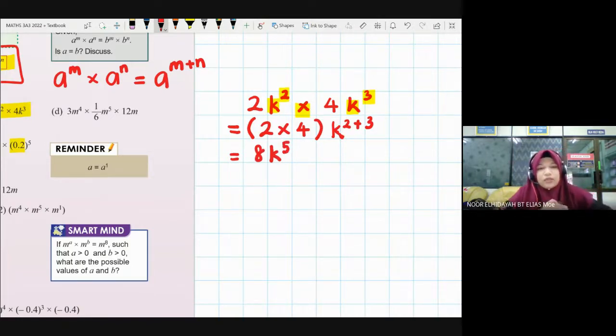Jangan tersilap pula. Kadang-kadang careless, awak pergi jawab 8k to the power of 6. So hati-hati bila nak tambah tu. Jangan awak tahu kena tambah tapi dalam fikiran awak ada pergi darab pula. So hati-hati.